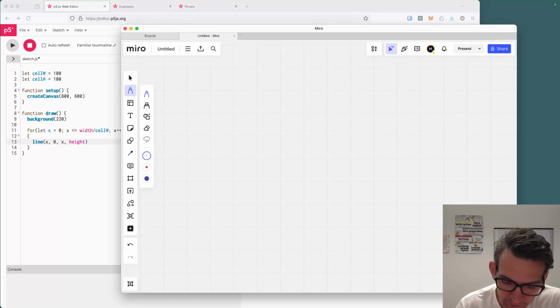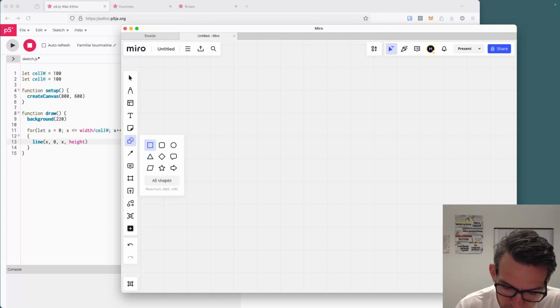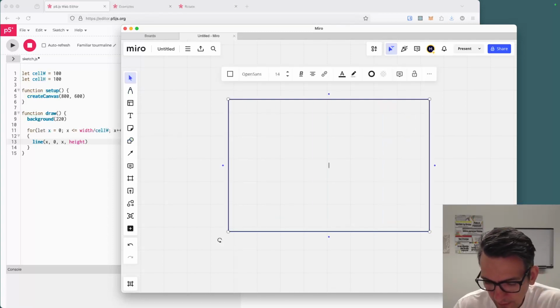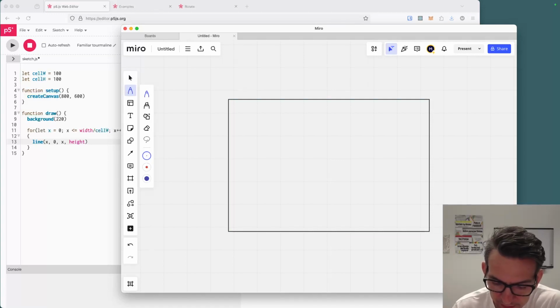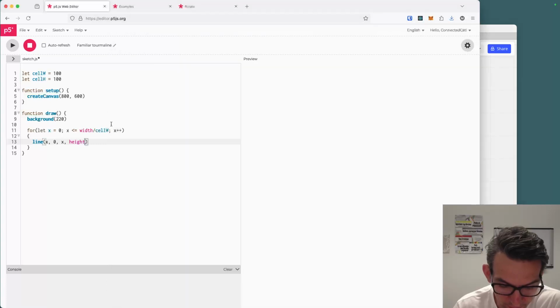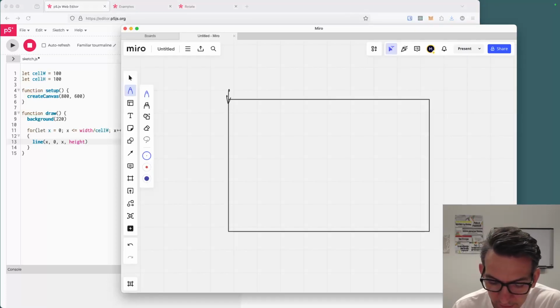So let's head over here, and that's going to be our sketch, right? So I'm going to start with x being 0, so right here, and then x plus plus, right? Notice we have x plus plus over there. x plus plus will mean plus 1. So 0 plus 1 is going to be 1. So it's going to be right next to it.